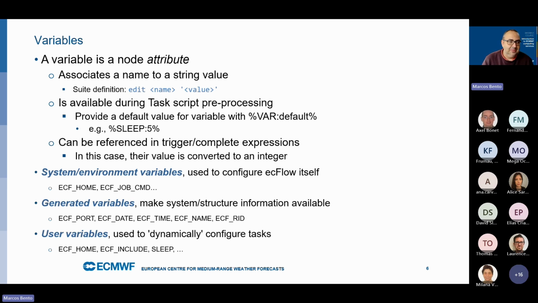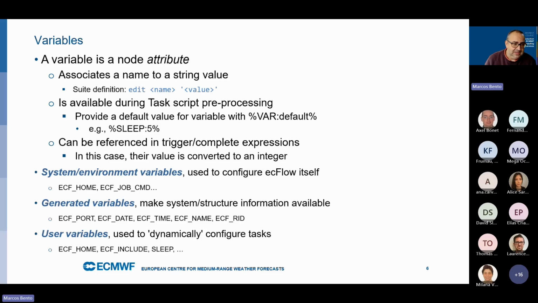There are variables that are system or environment variables, and these are used basically to configure ecFlow itself. Things like the ecf home, the ecf job command, all of that influences the behavior of ecFlow itself. Okay. Then there are generated variables. Basically, these are generated by ecFlow based on the environment, on the setup, so that the tasks can use them.